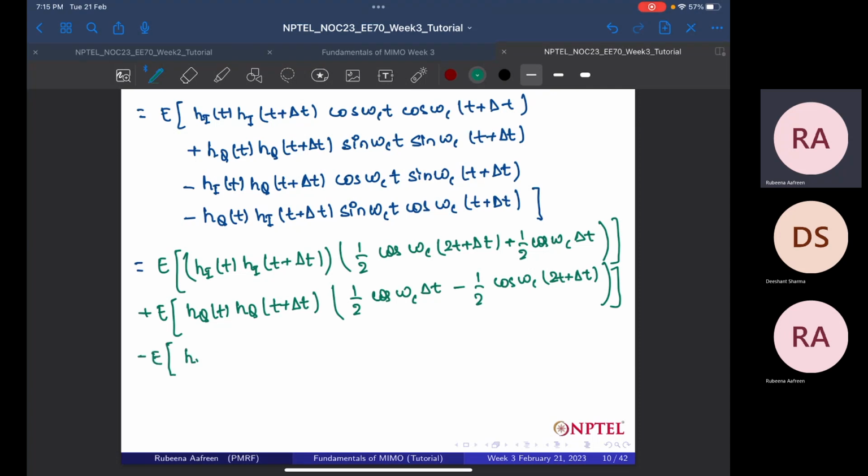Now remaining two terms: hI(t) hQ(t plus delta t) into half sine of omega c (2t plus delta t) minus half sine of omega c delta t.